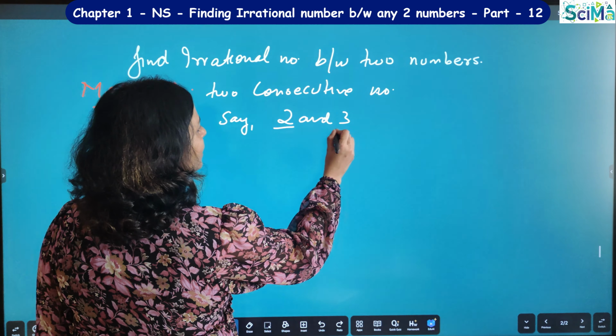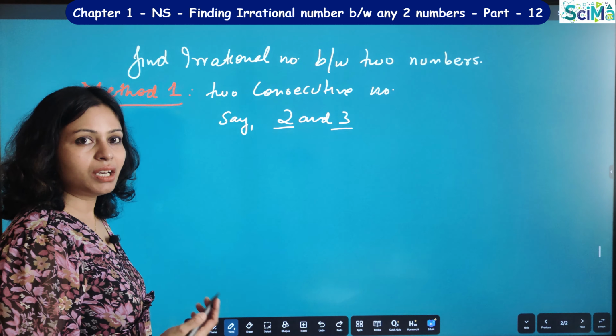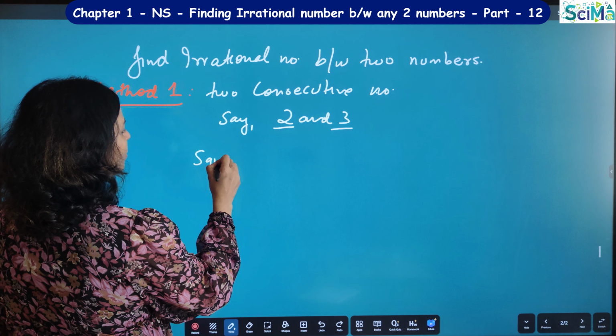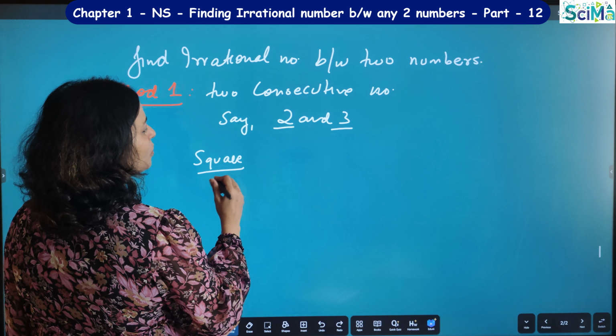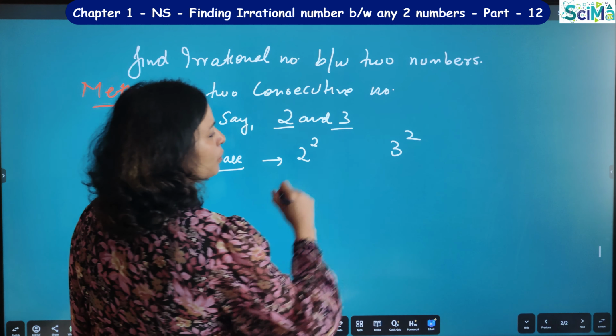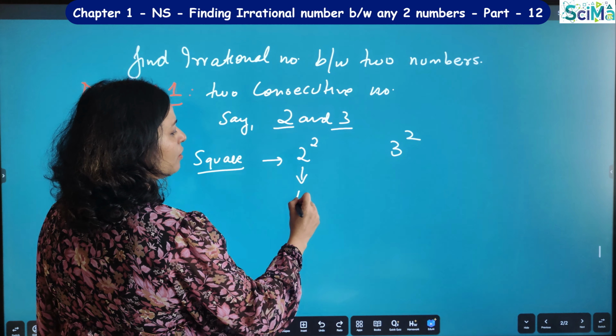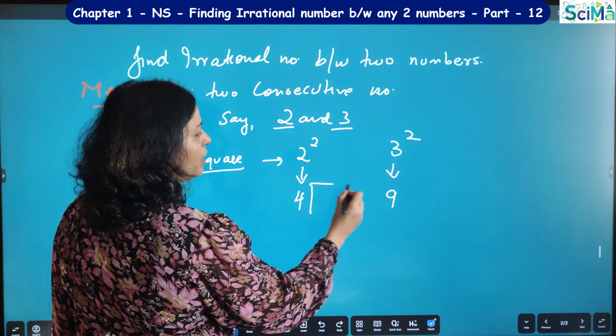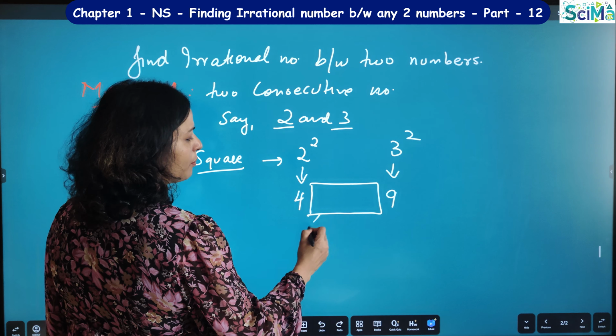So between 2 and 3, how do we find an irrational number? You have to square both the numbers. That means 2 squared and 3 squared. What is 2 squared? 4. What is 3 squared? 9.